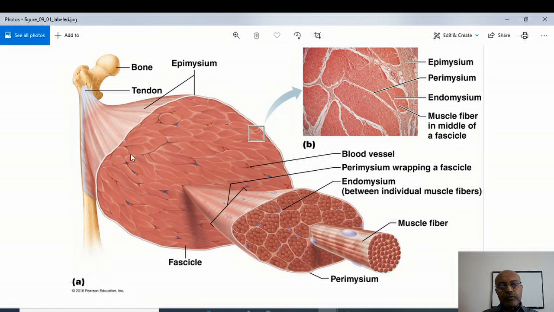Notice that this muscle is covered on the outside by connective tissue known as epimysium. The outermost cover around a muscle, which is connective tissue, is known as epimysium.